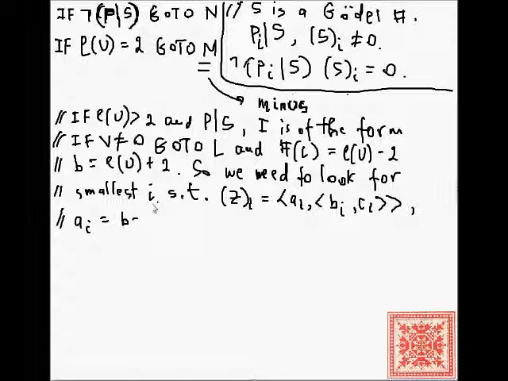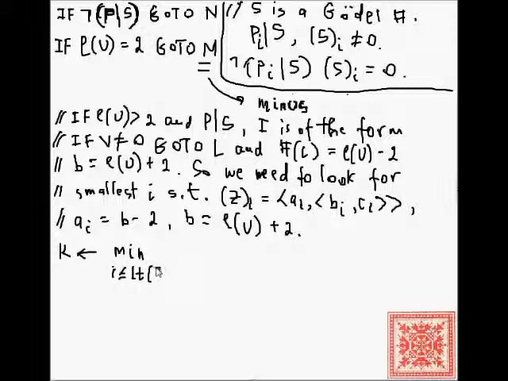A sub I is equal to B minus 2, and B is equal to L of u plus 2. So that's what we should be looking for. We will set the instruction counter to the value of the bounded minimalization, which starts from 0 and goes to the length of the program.